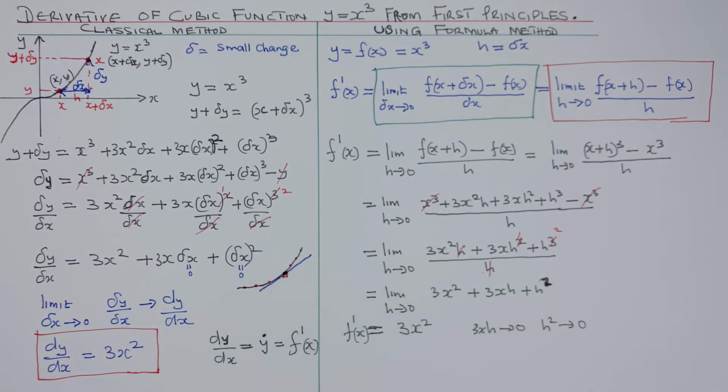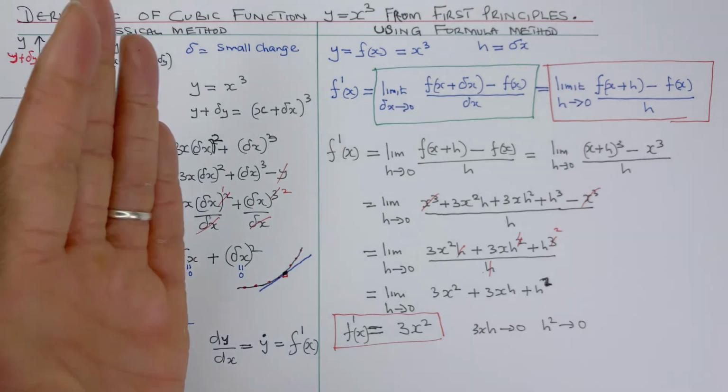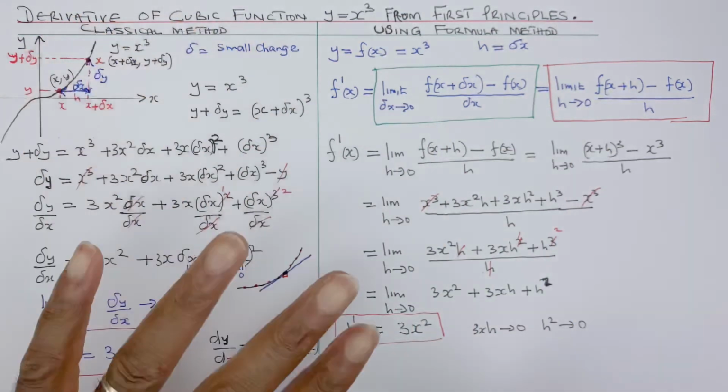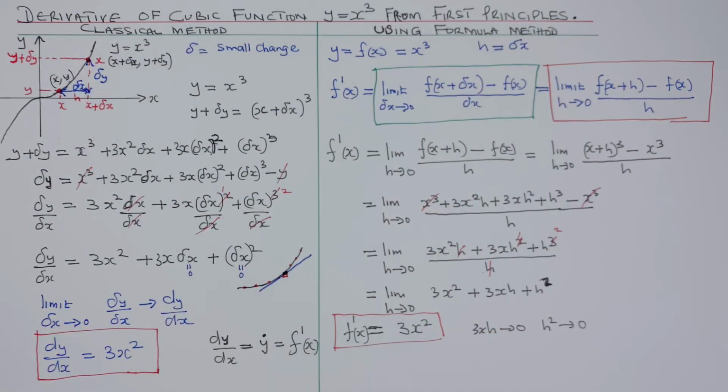And we came to the conclusion that the derivative of y or f of x equals x cubed is 3x squared. You can see f dash x is dy dx. So either the classical method or the formula method, those are the two that people will come across in different textbooks, but they're all the same thing.